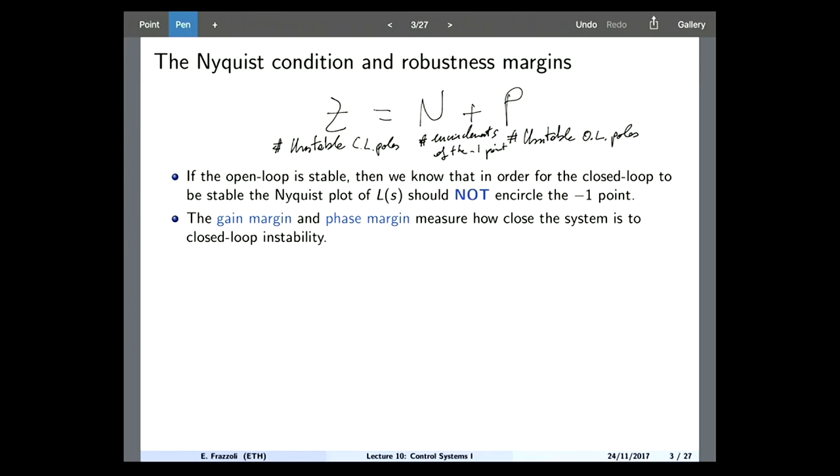So let me draw a Nyquist plot here. Let's say that this is the complex plane. We have the -1 point here, okay?